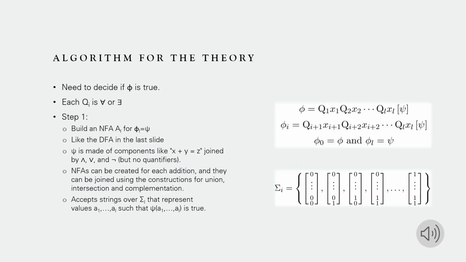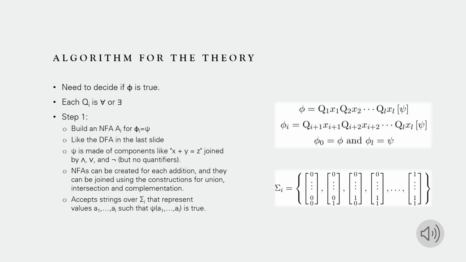What this algorithm needs to do is decide whether a formula phi is true. And what this formula phi will look like is q1 x1, q2 x2, and so on until ql xl, and then a formula without any quantifiers in it called psi. Each q sub i is a quantifier. It's either the for all quantifier or an existential quantifier.